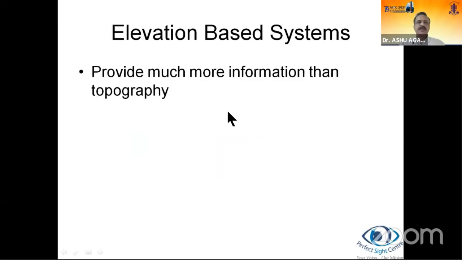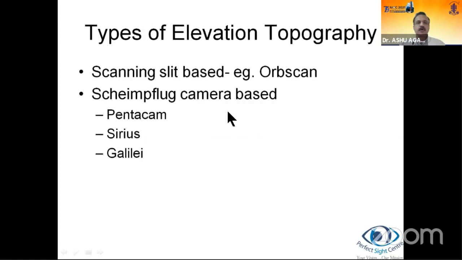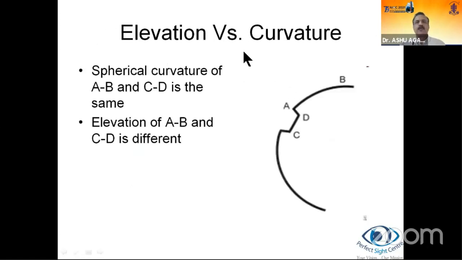So these elevation systems provide much more information than topography, and we have, as I said, the scanning slit based or the OBSCAN, and the Scheimpflug camera based like the Pentacam, Sirius, Galilei, and there are various other refinements also in each of these.